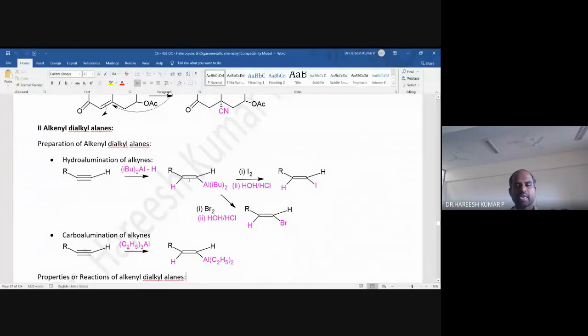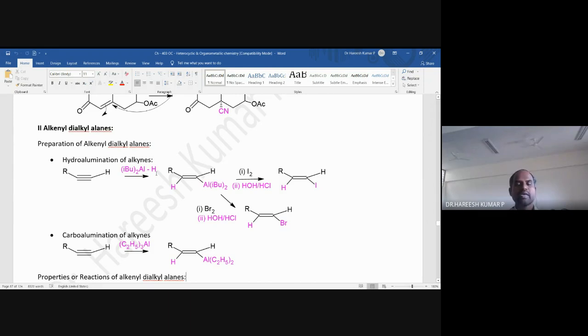This is the preparation of alkynyl dialkyl alane, started with an alkyne, and this alkyne is treated with dialkyl aluminum hydride.